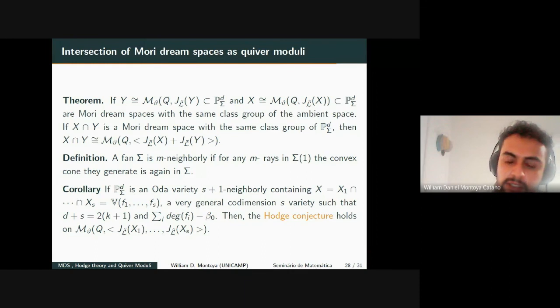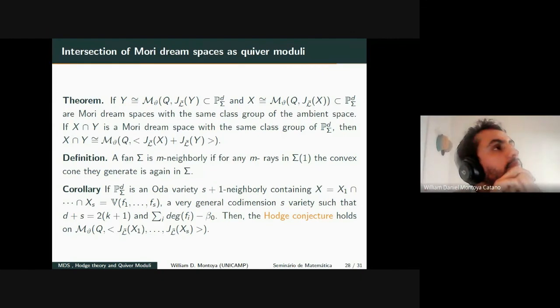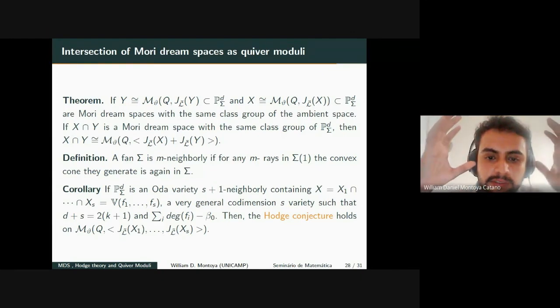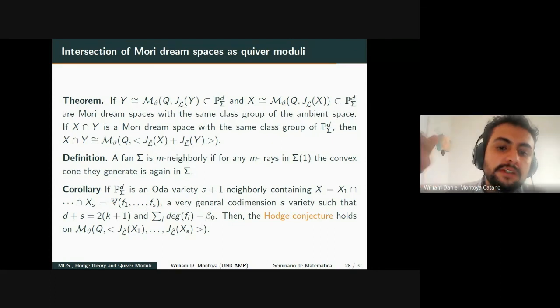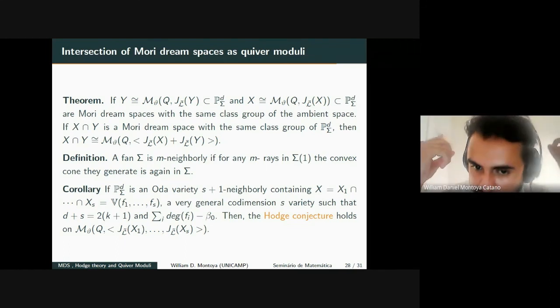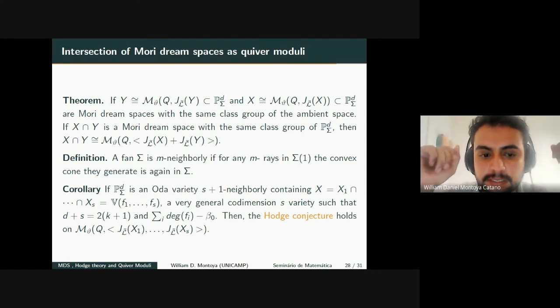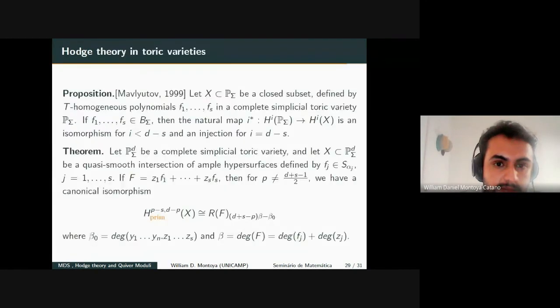You can describe somehow all the middle part of the cohomology, precisely described for all the subvarieties with the proper codimension. Yeah, it's the last thing that I can tell.